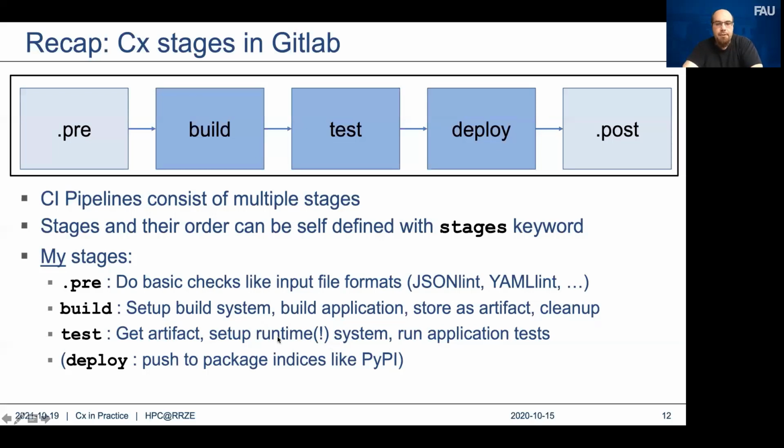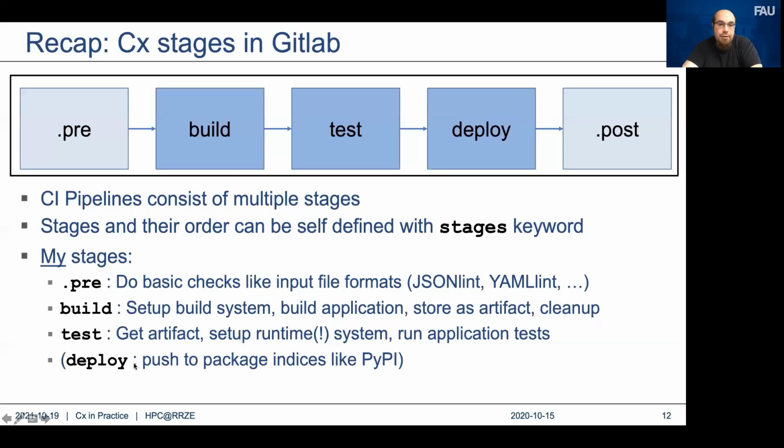That's also helpful because often you need some dependencies only at build time, but not at runtime. With this separation, you can see that this is already compiled and should not need the build dependencies anymore, just the runtime dependencies. So that's why I wrote here runtime system and then run the application tests.